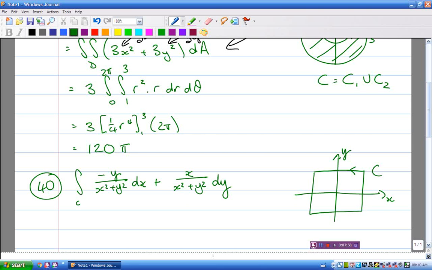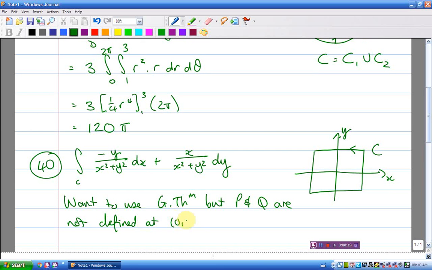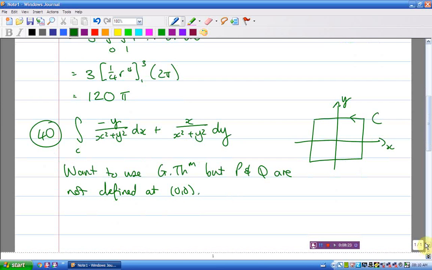So what we can do is introduce a new curve. Want to use Green's theorem, but P and Q are not defined at the origin. Okay, so what we're going to do is introduce a new curve, which we are going to design.